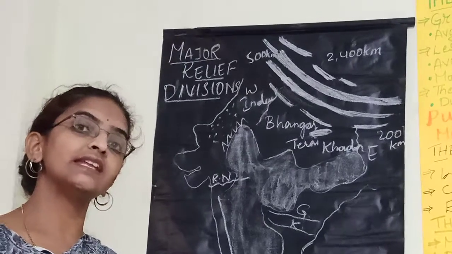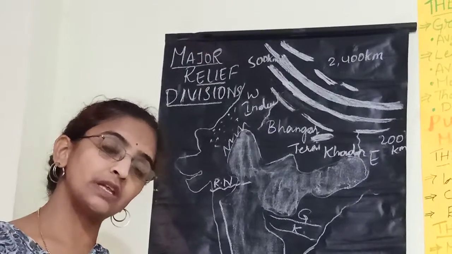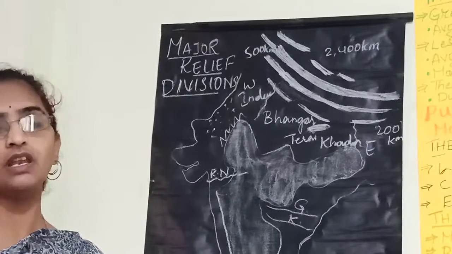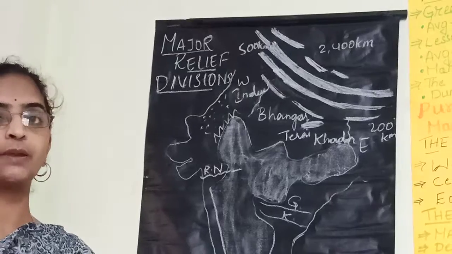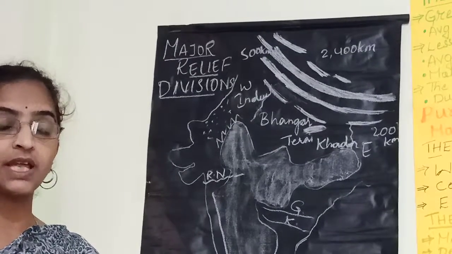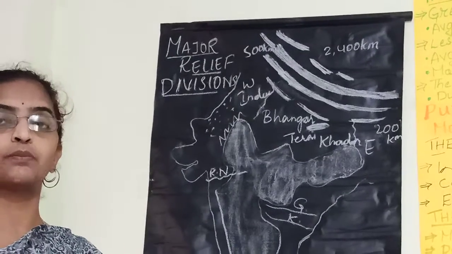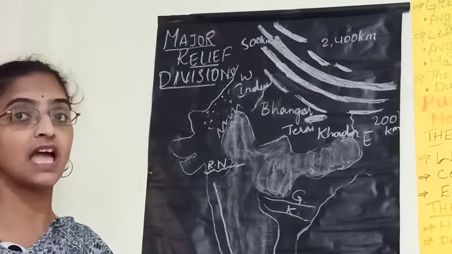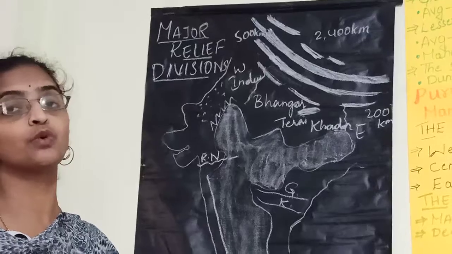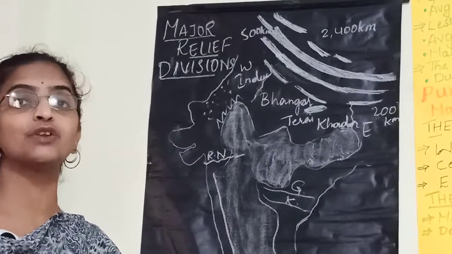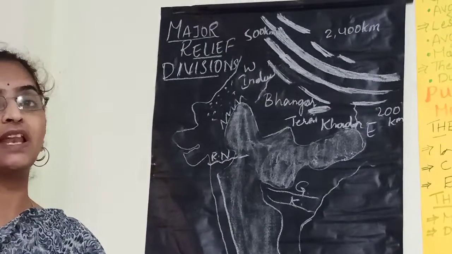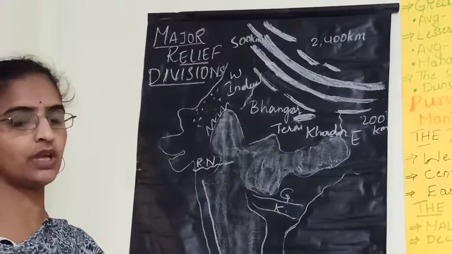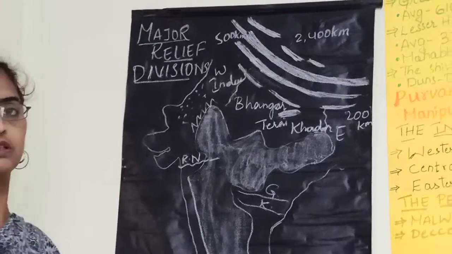During the daytime the temperatures are extremely hot, and during nights the sand loses its temperature and becomes extremely cold. The temperature falls completely, and people experience very cold nights. So this is all about the Thar Desert.